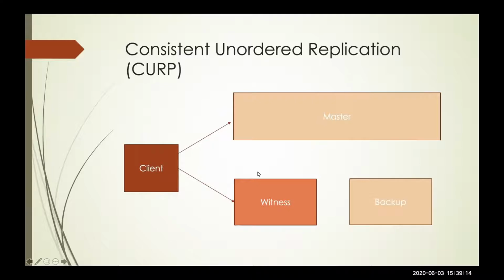And then once master and witness both accept the request from the client, then master sends an async request to the backup. So if a client sends, suppose, an operation, RPC, to master, the master can return the response immediately without syncing it to the backup.